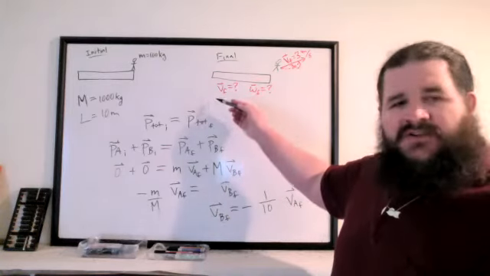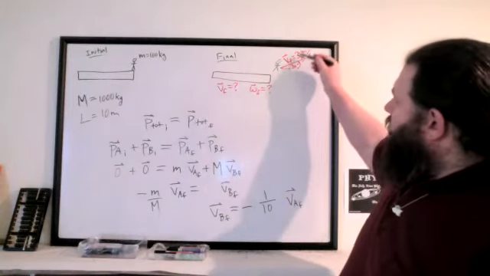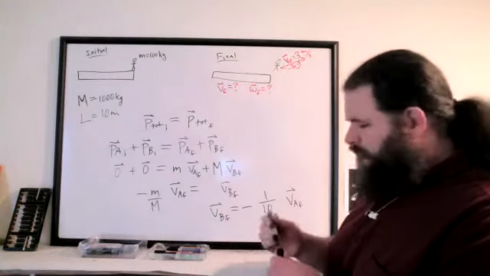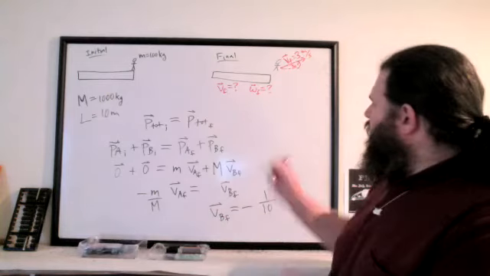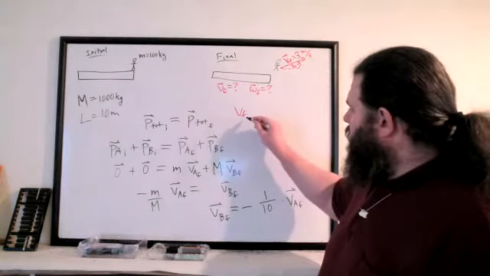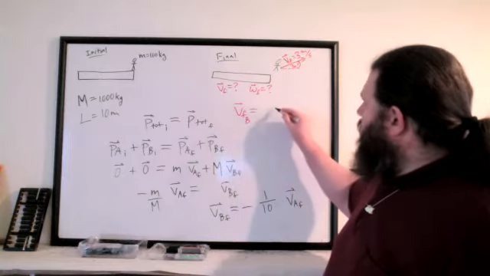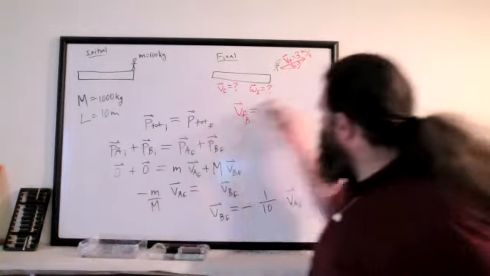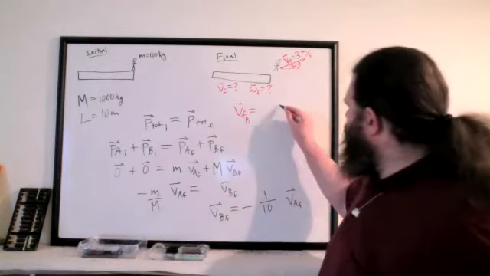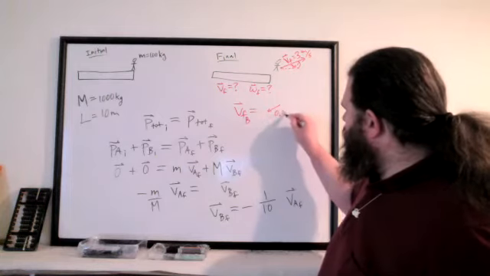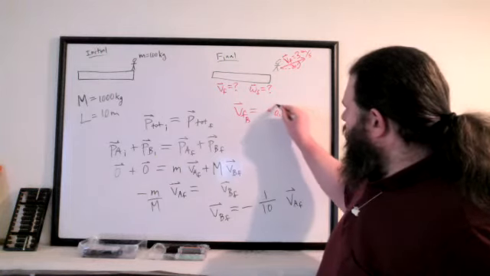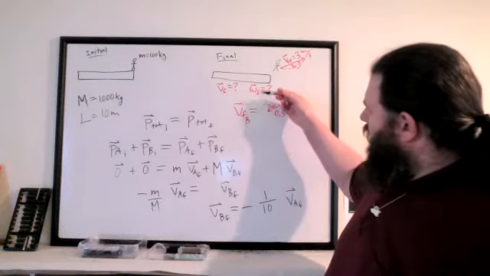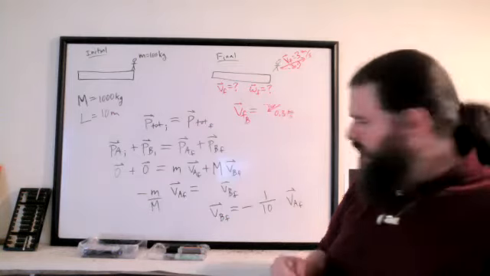So final translational velocity of the beam is just going to be 1/10 of 3, so 0.3 meters per second in the exact opposite direction. So we can conclude that v final of the beam is going to be 0.3 meters per second, at an angle of, you could write that as 30 degrees below the negative x-axis.